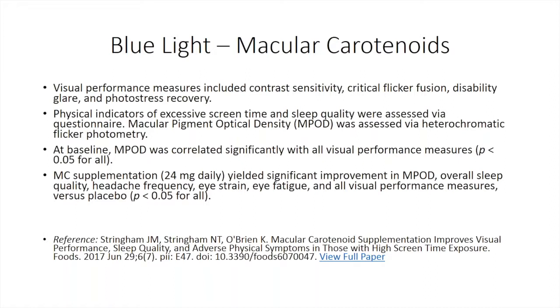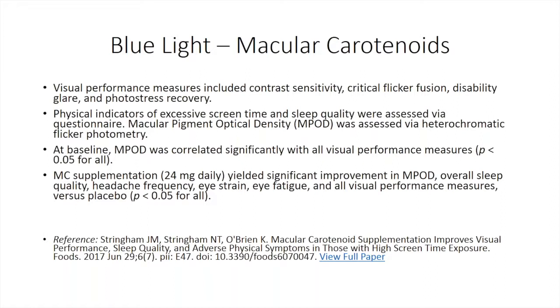So the thicker it is with the macular carotenoids of lutein and zeaxanthin, the better. And it seems that 24 milligrams a day, remember that figure, of the mixture of lutein and zeaxanthin yielded a significant improvement in this macular pigment optical density, as well as overall sleep quality, headache frequency, eye strain, eye fatigue, and all visual performance measures versus placebo.